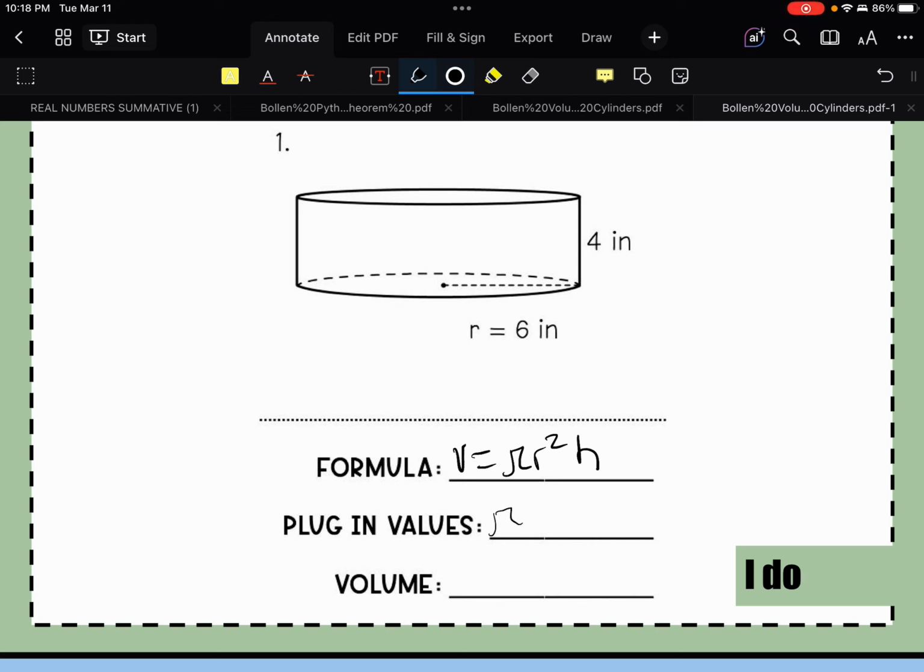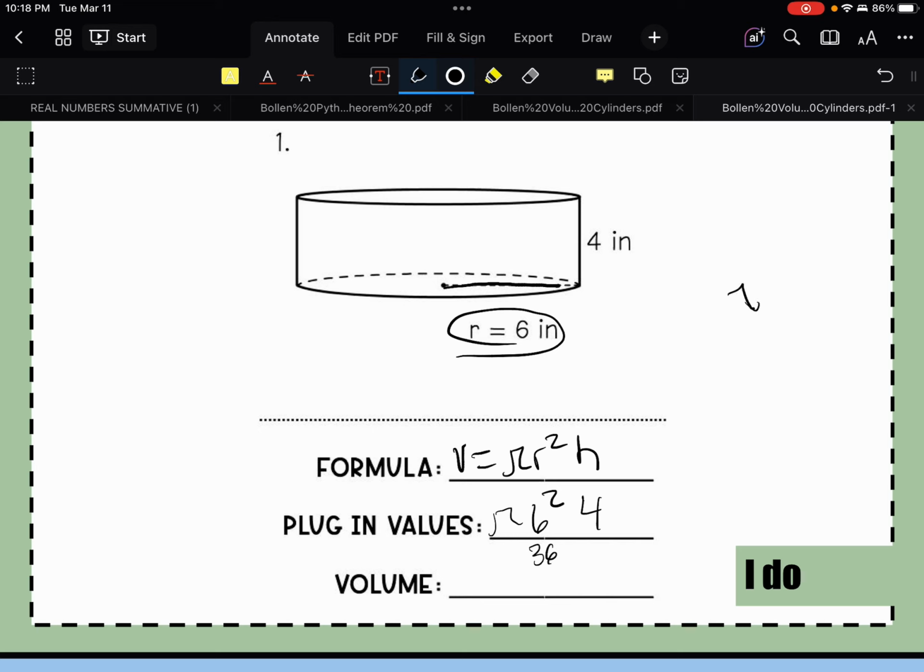Your volume is pi, and this is your radius, so that's your r. So it's going to be 6 squared. Remember, your radius is halfway across the circle, times your height of 4. Your height of 4. So to solve that, you can plug that directly in the calculator, or you can solve 6 squared is 36, and then plug in pi, which is 3.14.